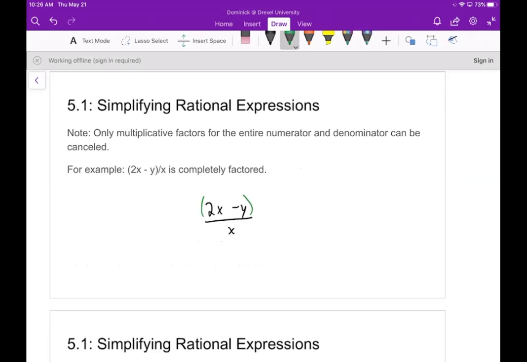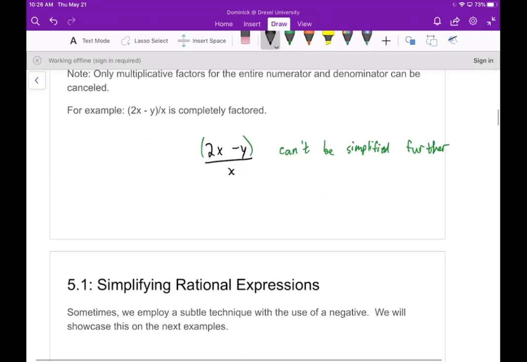Since 2x minus y is not the same as x, this can't be simplified anymore. If you wanted to simplify something like this, you would need an x out front here, and then you could cancel those x's. But since we don't have that, that's the best we can do with this one. So that's one thing to keep in mind.